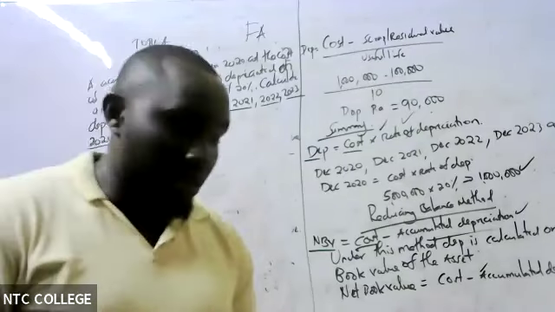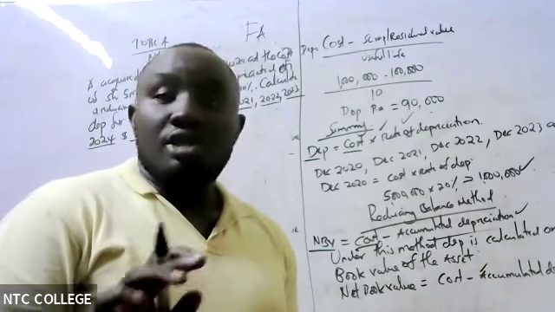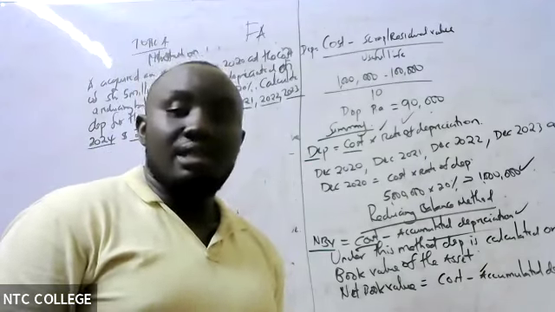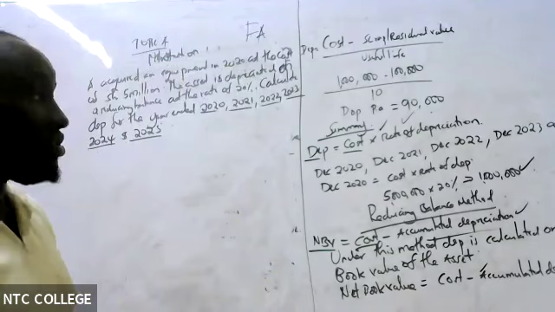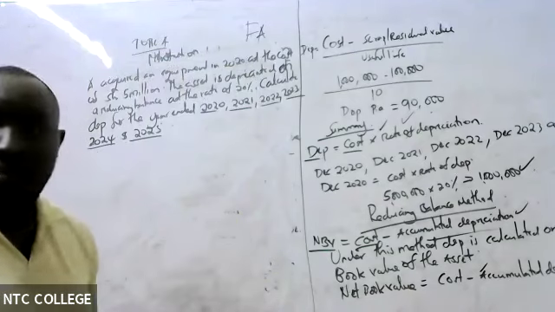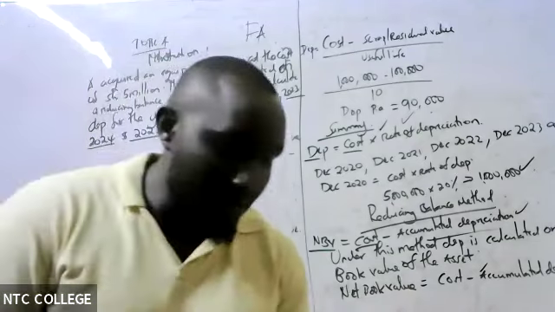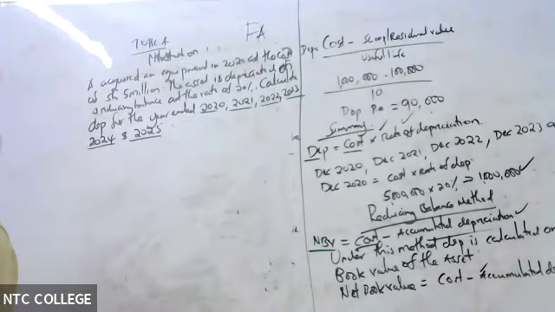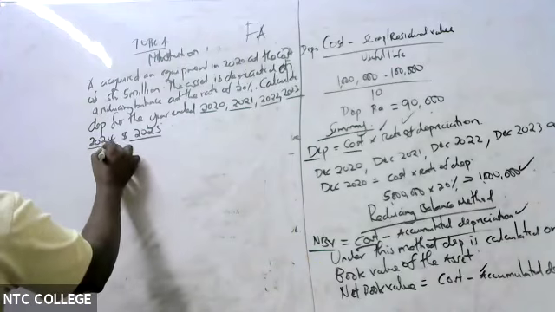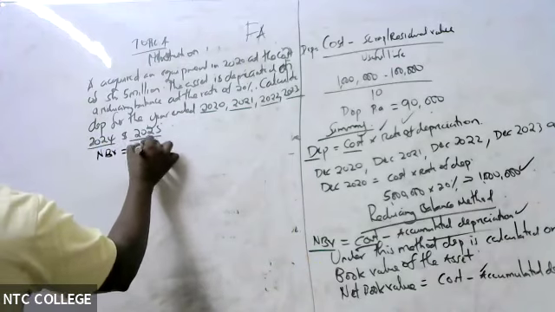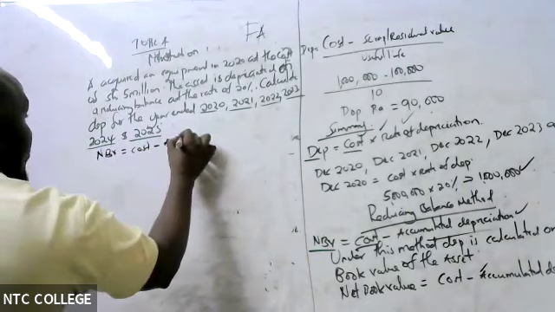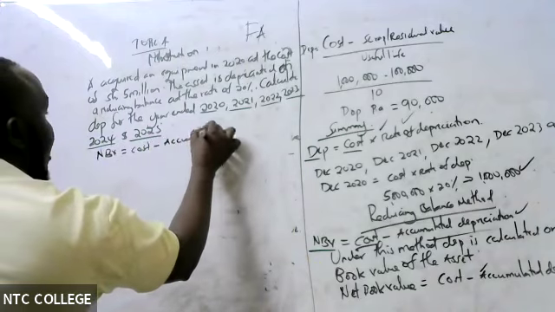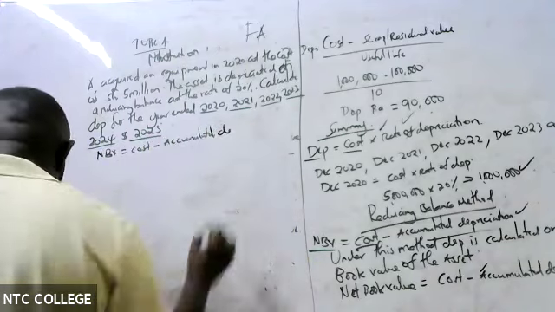Together, team. Using reducing balance, which is the same as the diminishing method. At the back of our mind, the keyword is that we calculate on net book value, which is cost minus accumulated depreciation.